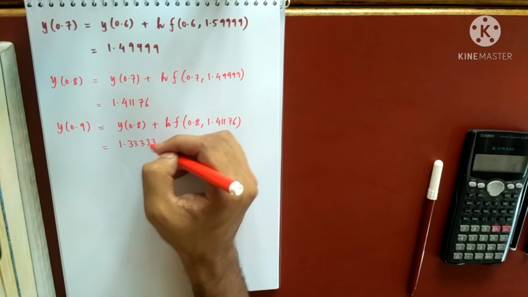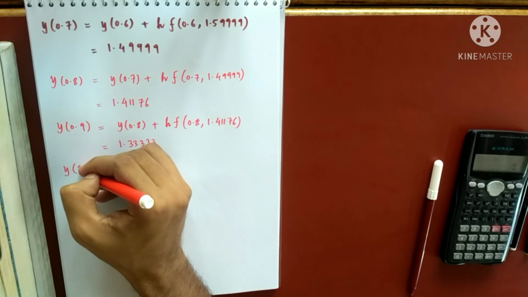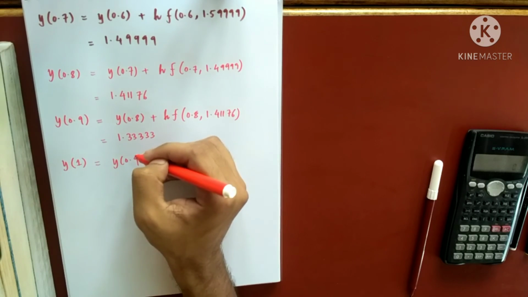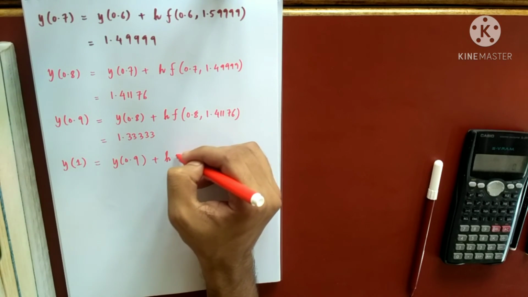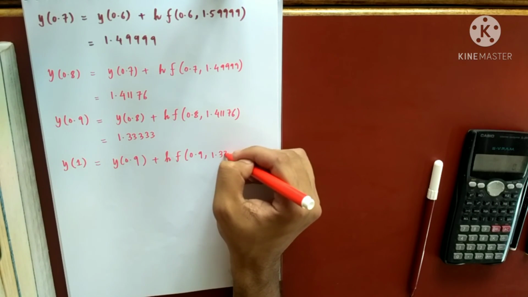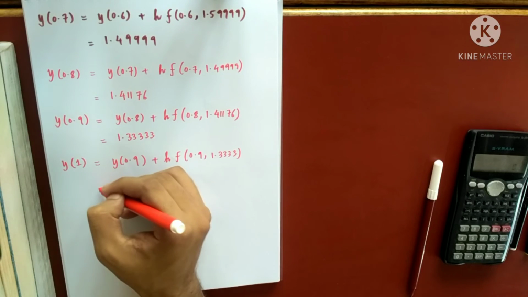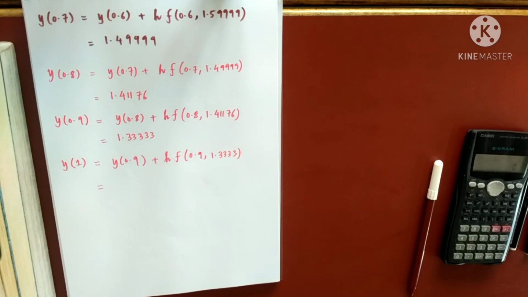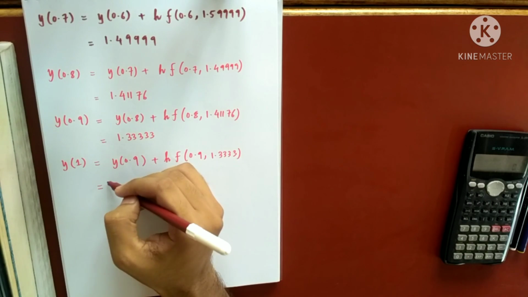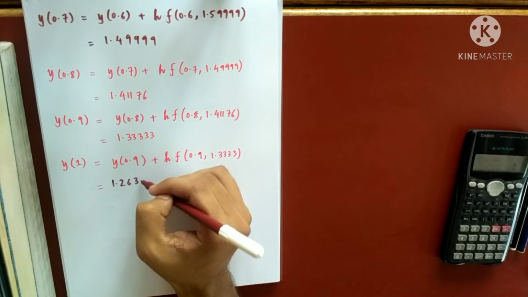And lastly, y at 1 will be y at 0.9 plus h times f at 0.9 comma 1.3333. This you are going to answer and tell me what you are getting for y at 1. You should get, very good, 1.26315.